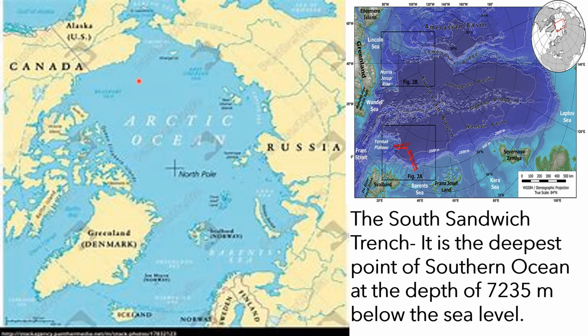This is Bering Strait between Asia and North America. This water body is known as Bering Strait. The deepest point in the Arctic Ocean is the Russian Basin at the depth of 5,450 meters.